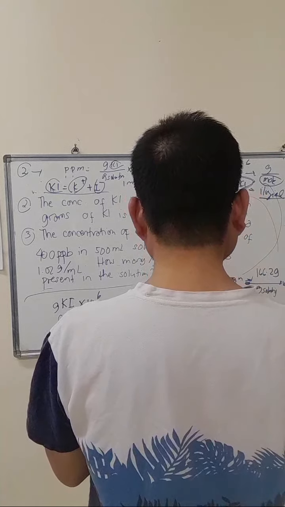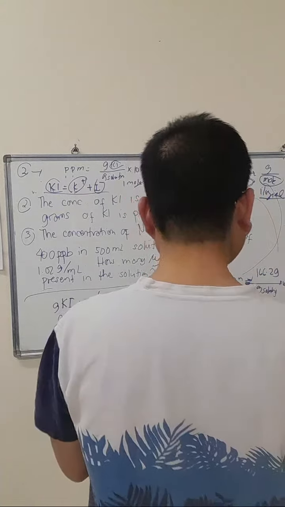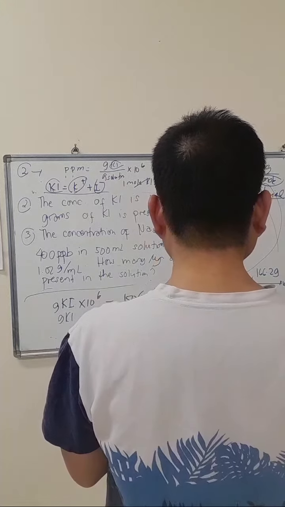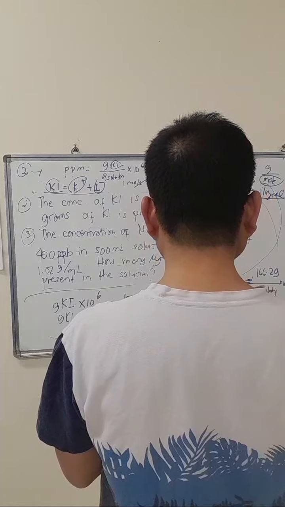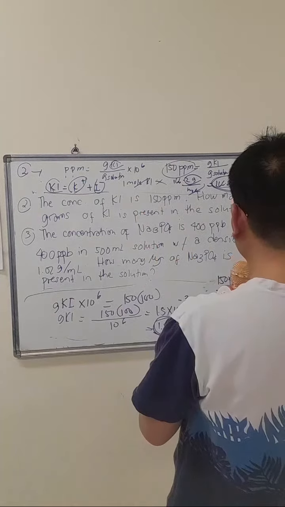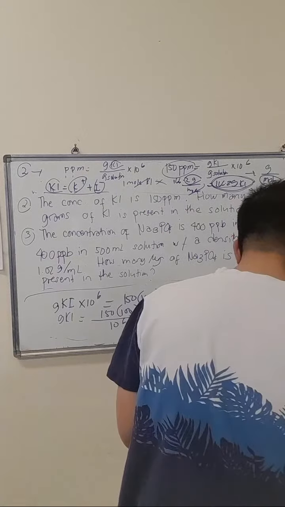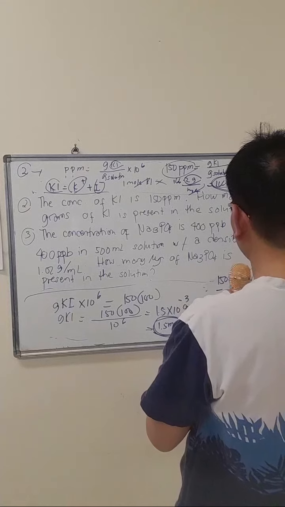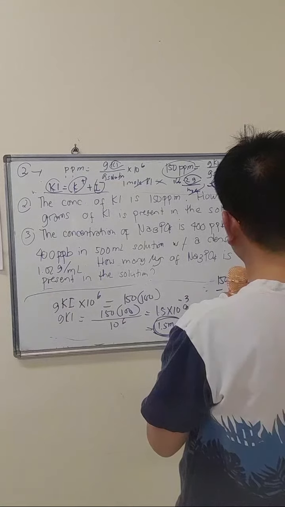So 166.2 has an exponent, mega number. So 10 to the 6 times 166.2 divided by 150 gives about 11 million. Exponential: 1, 2, 3, 4, 5, 6, 7. 1.11 times 10 to the 7, right? Yes. 1.11 times 10 to the 7 grams of solution.